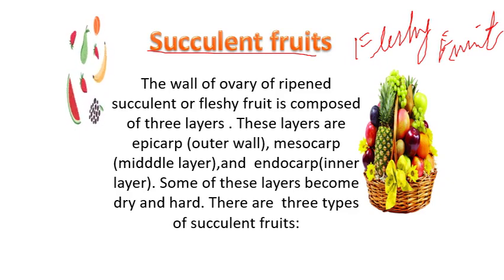So some of these layers become dry and hard. One or more of them become fleshy and juicy. So the succulent fruit or simple fleshy fruit is further divided into 4 forms. Here we have different types of succulent fruits.